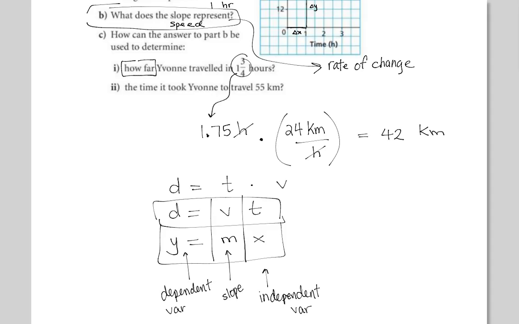And then to answer question 2, the time it takes to travel 55 kilometers. So you would have to isolate for time. This one's not so easy to just do with the units. So what we can do is rearrange the formula. If you know D is equal to VT, how would you isolate for T? Divide out the V, and you can solve for time.